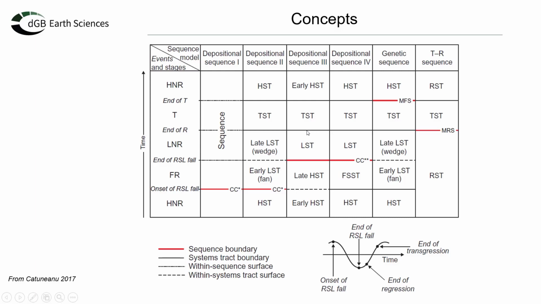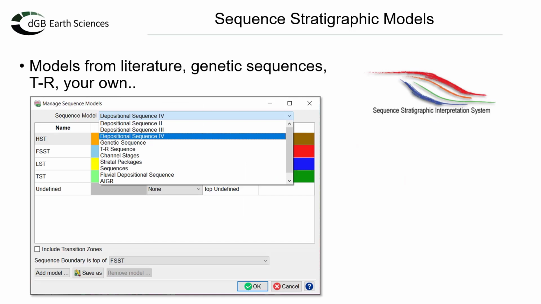So it's important to note here that with these different models, you don't have to try and fit your data to sit in a certain model. These are quite flexible in that sense. And that is why we offer a multitude of different models that are shipped with the sequence stratigraphic interpretation system.